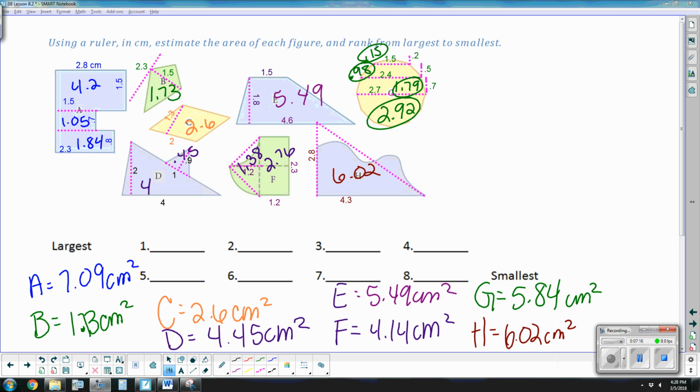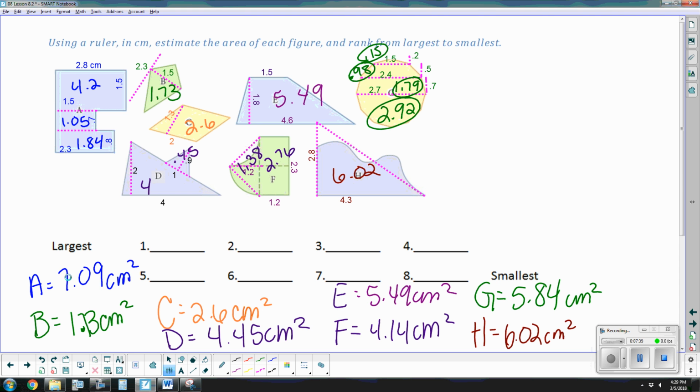So now with all my measurements, I've broken those into smaller figures, and then I found the area of each of those smaller figures based on what I already knew about the formula for area for different polygons. And I've given now my measurement for area for each polygon. So now the next step is to organize those from largest to smallest.